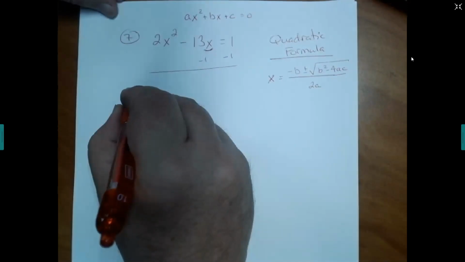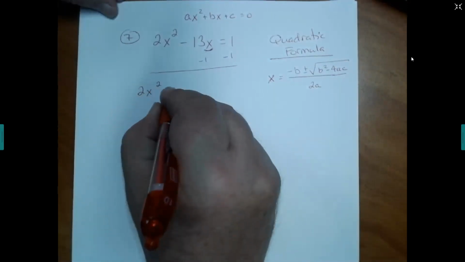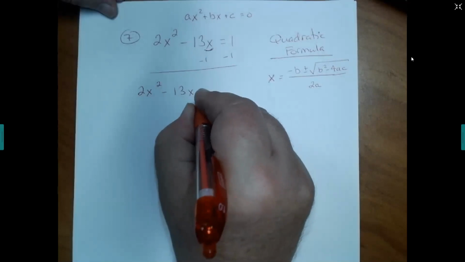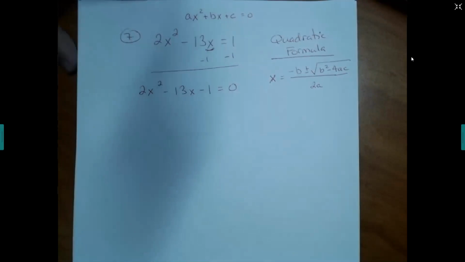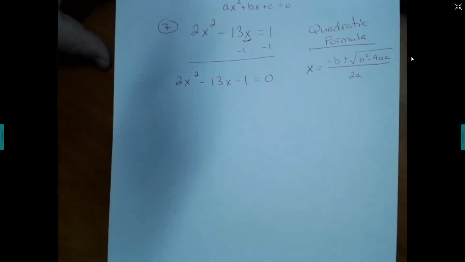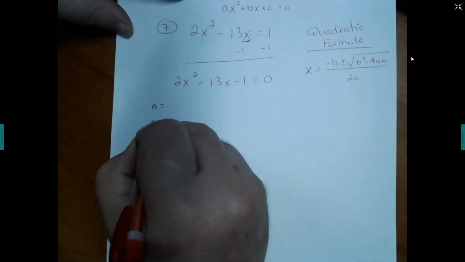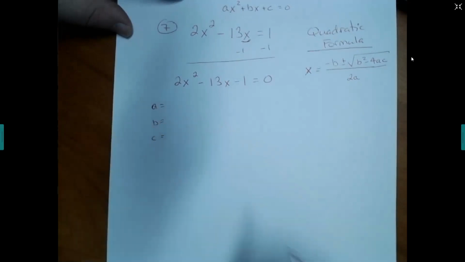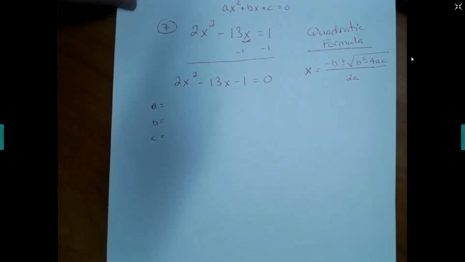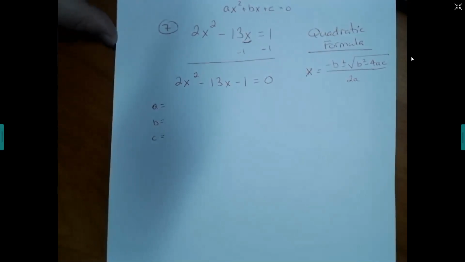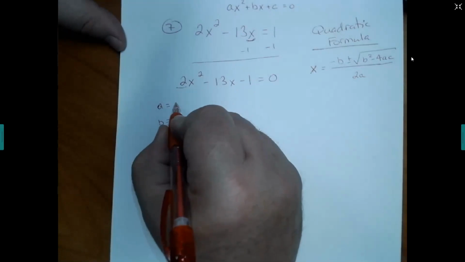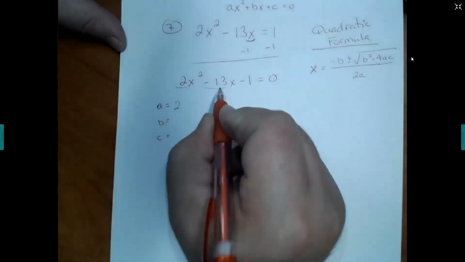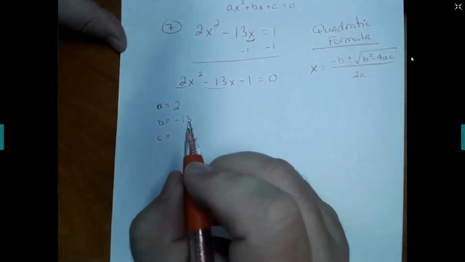So in our equation, set equal to 0. Label A, B, C. A is in front of x squared, that's 2. B is in front of x, negative 13.